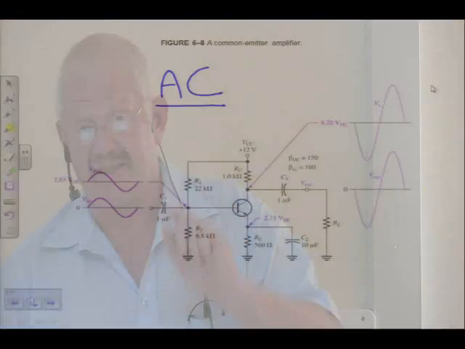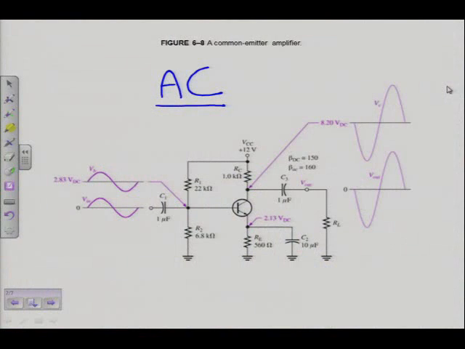So capacitors, AC, what happens? Axis is short, normally. Not really 100%, but we will discuss that later. But for simplicity's sake, at this stage, axis is short. The first thing that I have to do is draw the AC equivalent circuit.